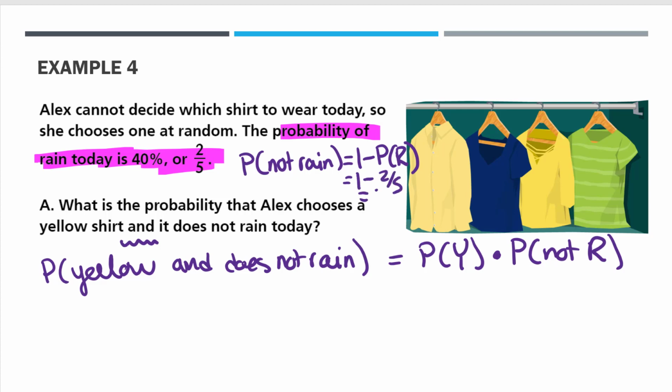If I find that common denominator, so 5 over 5 minus 2 over 5 is equal to 3 over 5. I go back to my formula. The probability of yellow is 2/4 times the probability of not rain, which is 3/5. When I have fractions, I multiply numerator, numerator, and denominator, denominator.